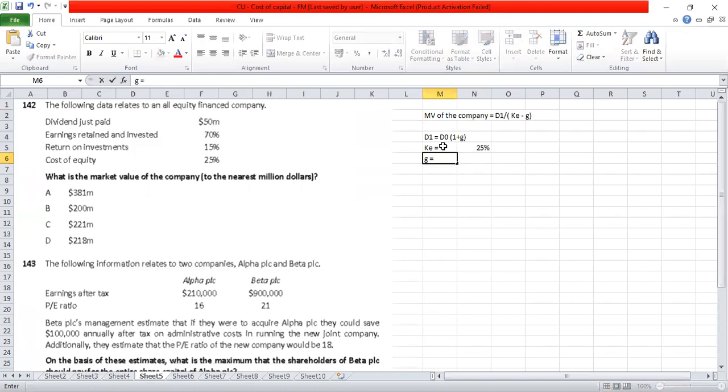What is the formula for G? G is equal to R into B. Here R is the return on investment, R is equal to 15%. B is the earnings retained and invested, 70%, so the retention ratio is given as 70%.